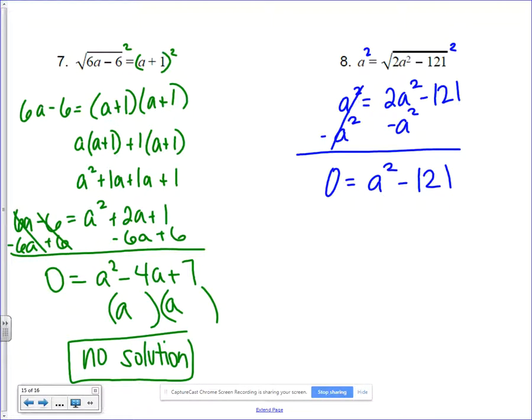Okay. Then what? Can I isolate or do I need a factor? Why can we isolate? Yeah, it's only a squared, isn't it, guys? So I don't have like a squared and a, do I? So all you gotta do is isolate here. How are you gonna isolate the a? Good. Everybody good with adding the 121?